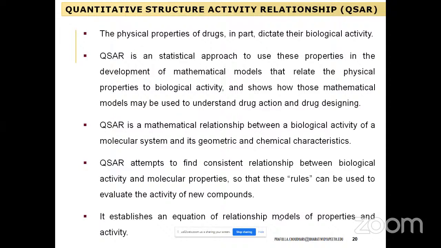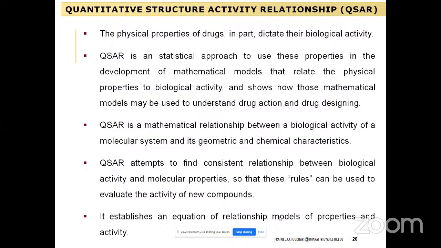So here QSAR has evolved, and QSAR is nothing but a statistical approach to use these physical properties in the development of a mathematical model that relates the physical properties to the biological activity, and shows how those mathematical models can be used to understand drug action and drug design.